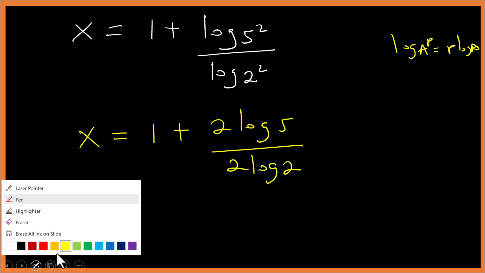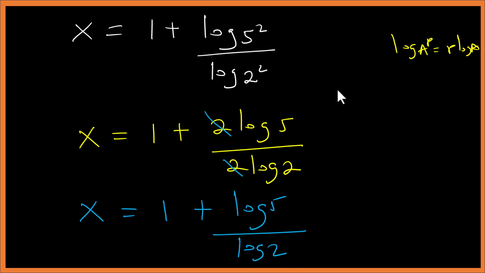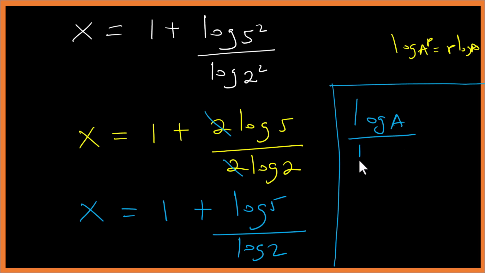All right. So this side will cancel. I'll be left with x equals 1 plus log 5 over log 2. Now let's observe this. When you are given log a over log b, it's the same as log a to base b.